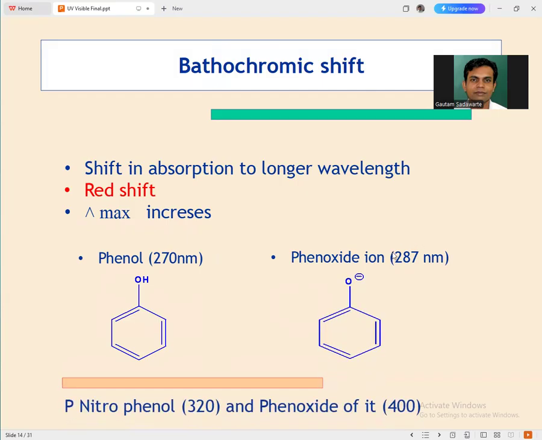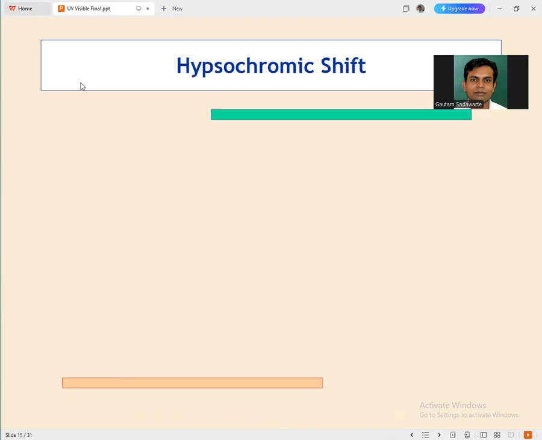So these are called red shifts. Another example, para-nitrophenol, is at about 320. But its phenoxide shows wavelength increasing to about 400 nanometers.